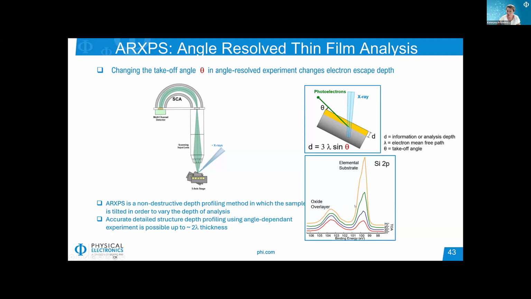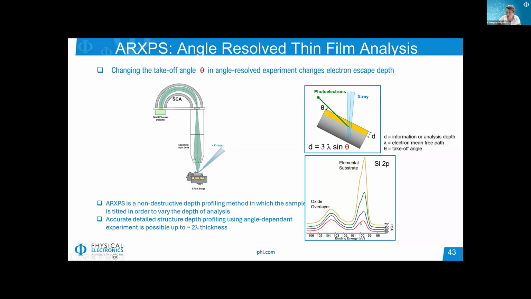So here's an example of silicon 2p with a native oxide layer. We can see that for the larger takeoff angle, which is this orange curve, we have much higher contribution from the substrate, while the red one is a 20 degree takeoff angle, looking more at the surface part of the sample.